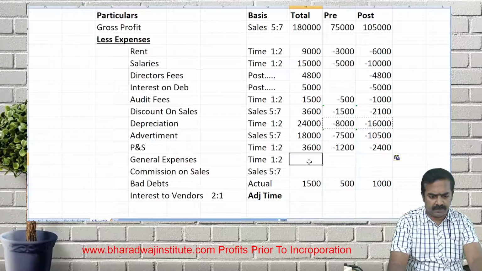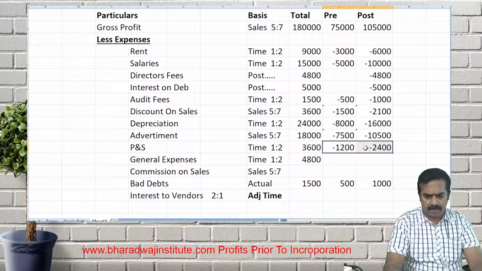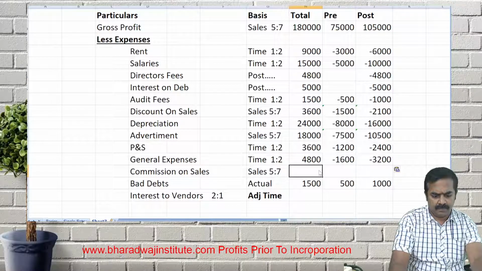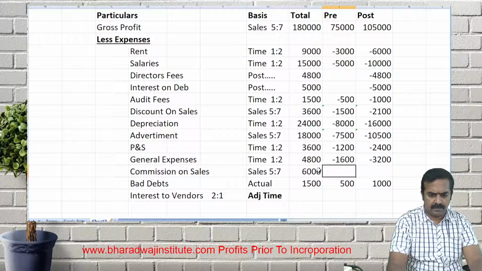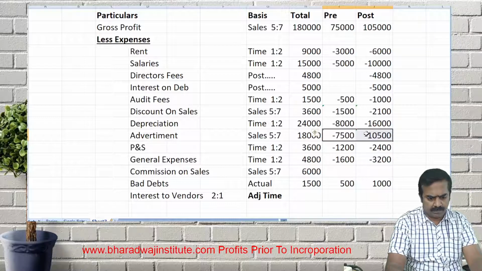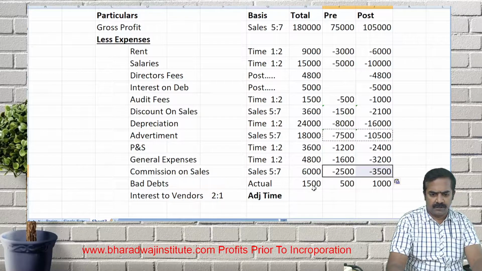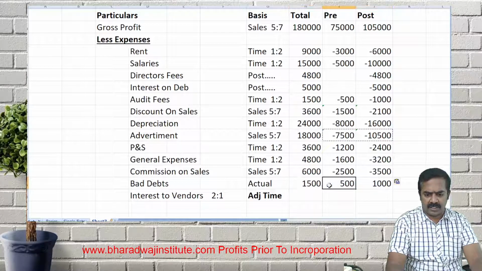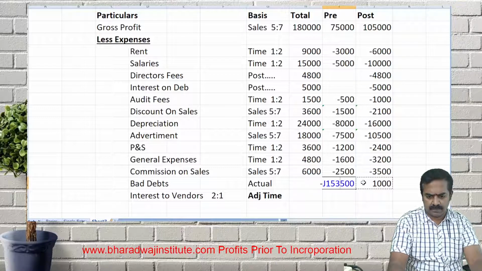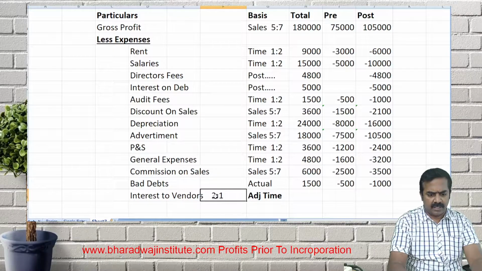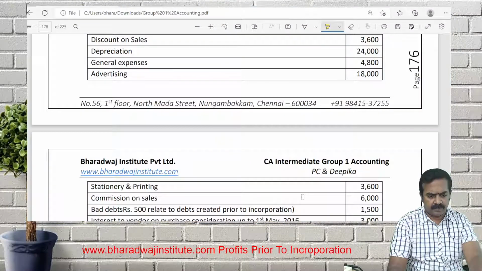General expenses, 1,600. Commission on sales, 2,000. Commission on sales, sales ratio. Bad debts, actual numbers. Adjusted time ratio for interest to vendors.